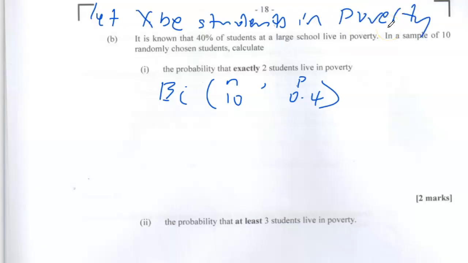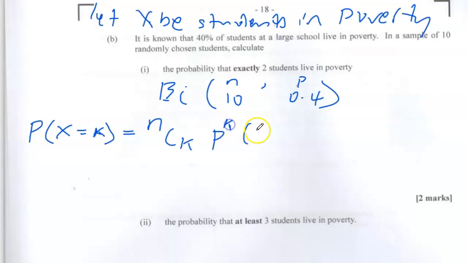So in part 1, we calculate the probability that exactly 2 students live in poverty. I use the formula for the probability that x equals k: n choose k, times p to the power k, times the bracket 1 minus p to the power n minus k.